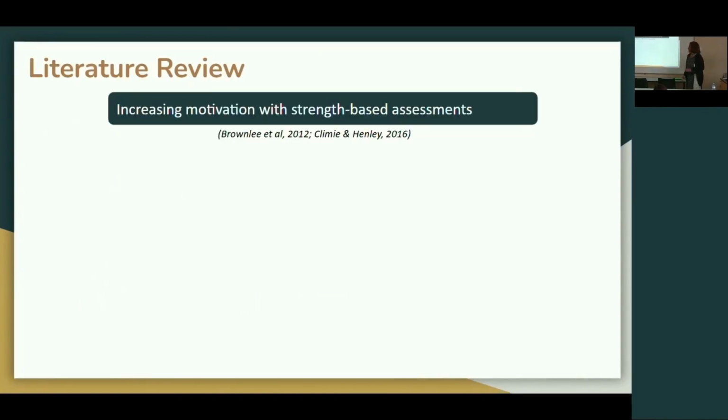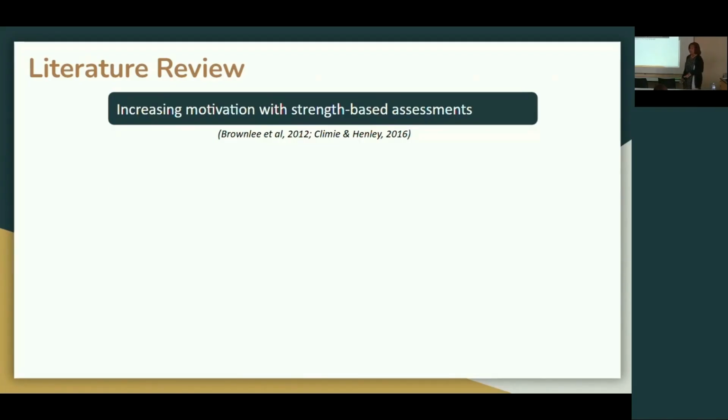The first theme that I came across is how motivation is impacted by strength-based assessments. First of all, Climbing and Henley reported that most traditional psychological assessments are deficit-based, and they don't have a lot of focus on strengths.